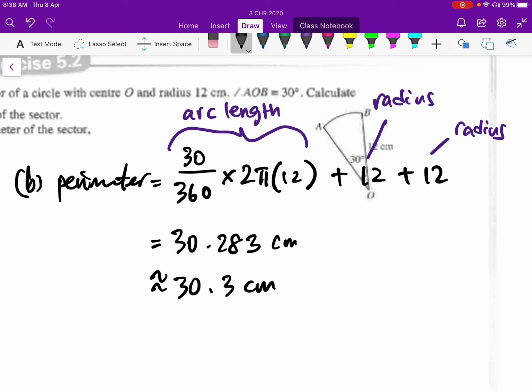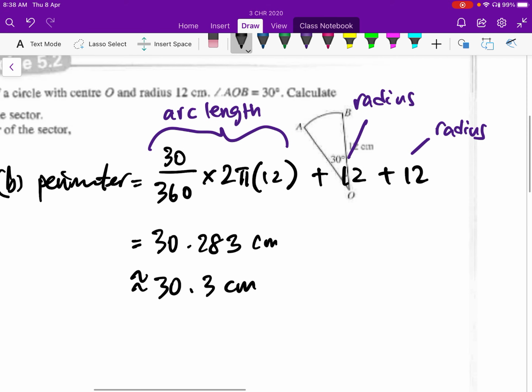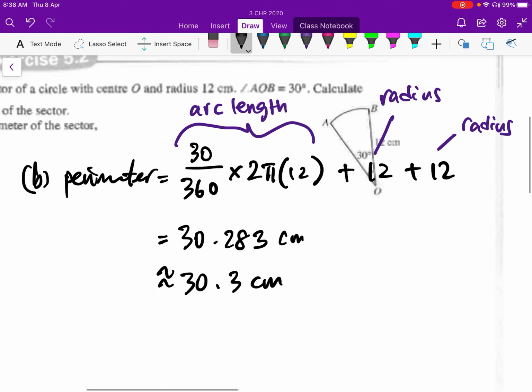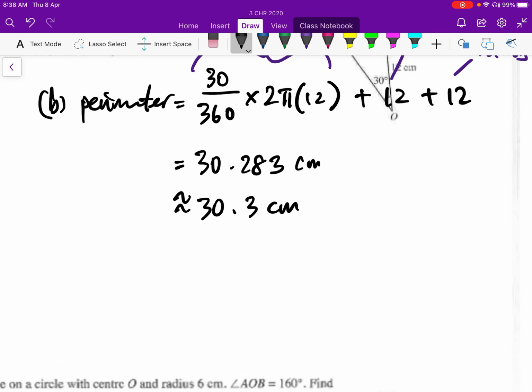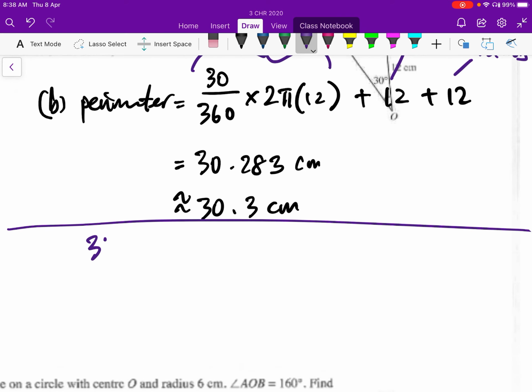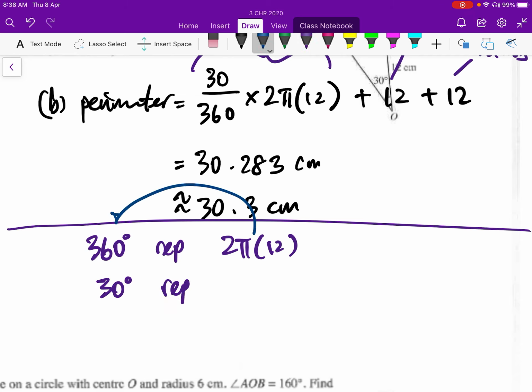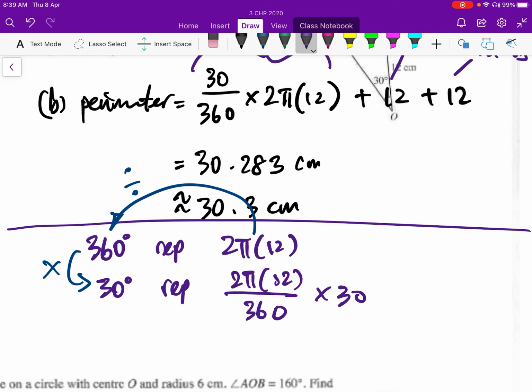Alright, so for this arc length, I used the first method. If you want to use the second method, same structure. It looks like this. 360 degrees represents 2 pi r. That is for the circumference. Then we only want 30 degrees, represents, divide, times 2 pi 12, 360 times 30.